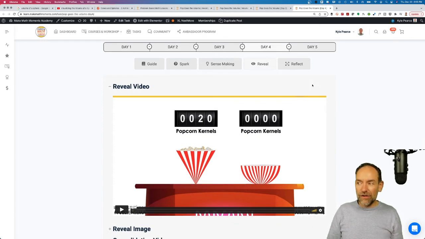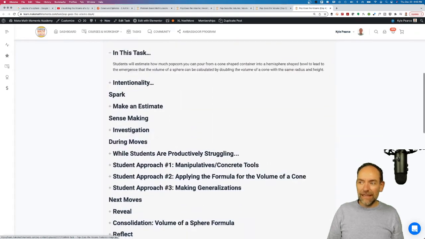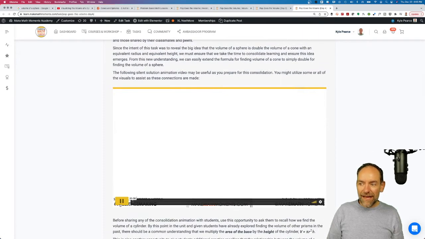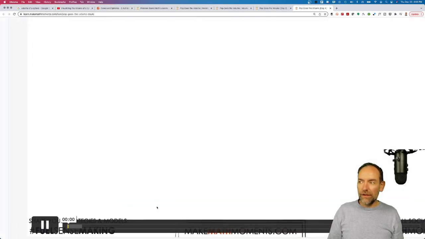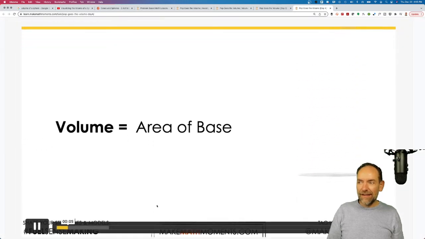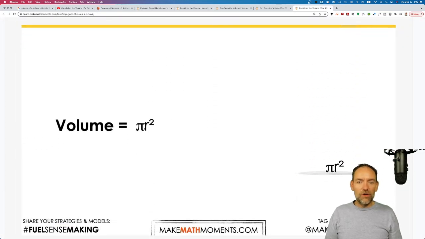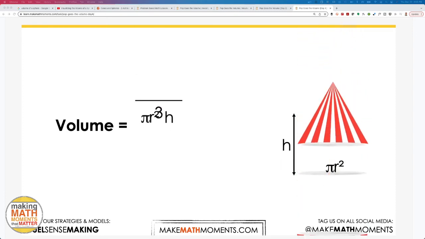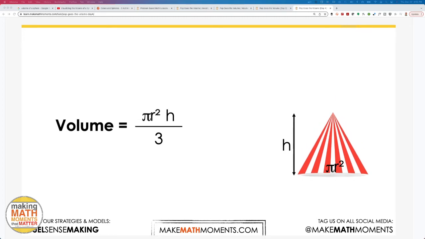I never understood where the formula for the volume of a sphere came from, but in this particular consolidation, that's exactly what students will get. We start with the volume of a cylinder as pi r squared times the height, which again we can do conceptually by breaking down that circle.